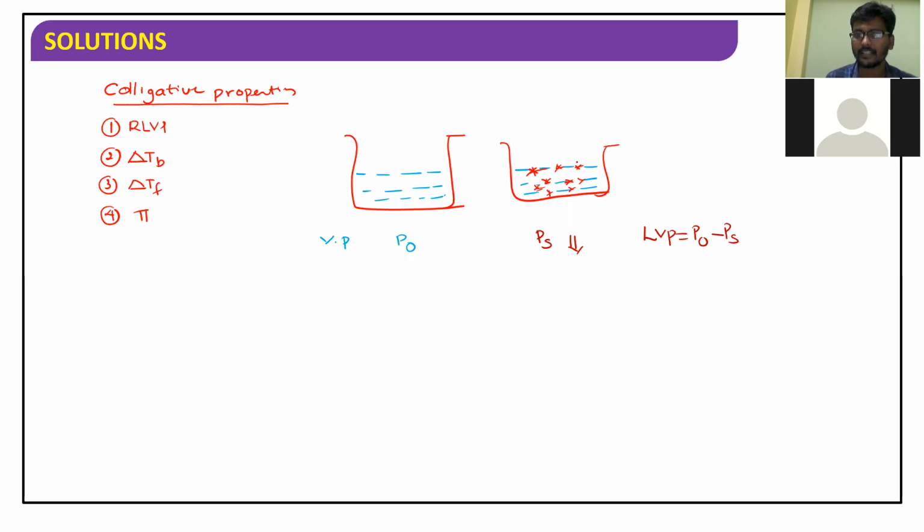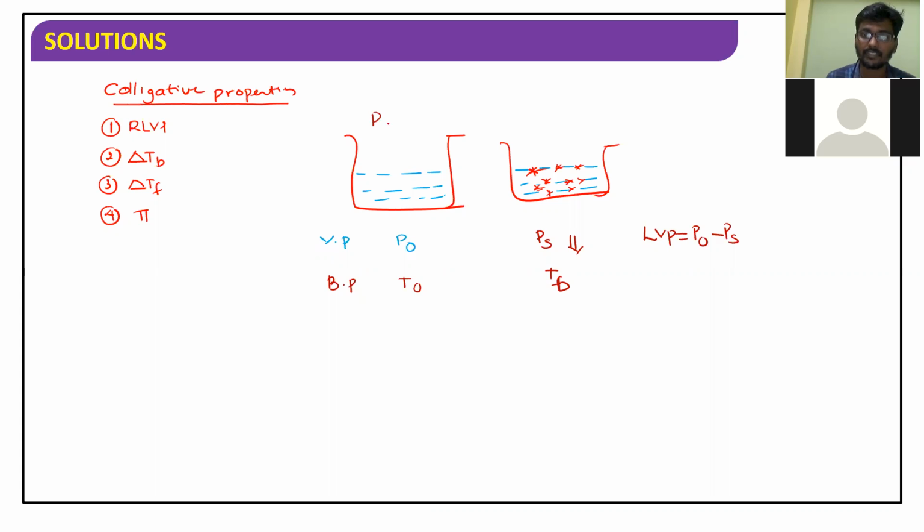As the number of particles increases, the lowering in vapor pressure increases, meaning the difference increases. When the vapor pressure of the pure solution is P naught, I am considering the boiling point as T naught. For the non-volatile solute solution, I am considering the boiling point TB.